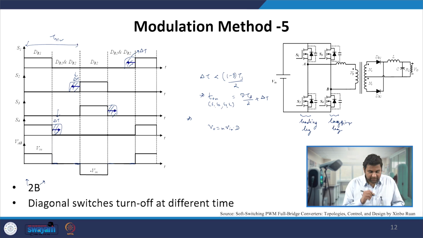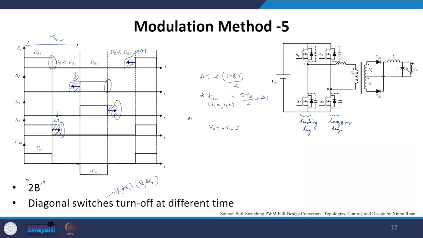And here if you look very carefully, the diagonal switches, which are S1 and S4, or you can say S2 and S3, are switching at different instances. They are turning off at different instances.